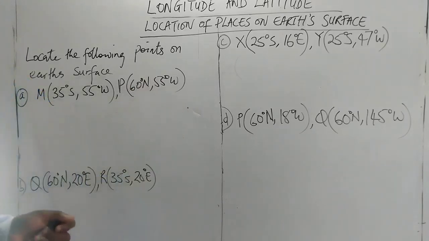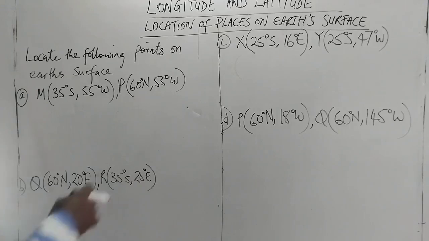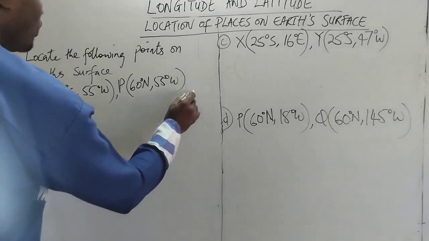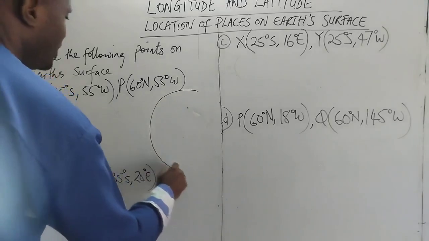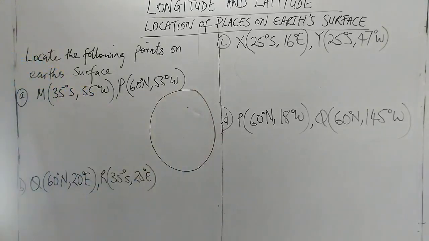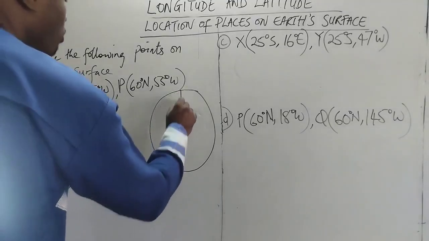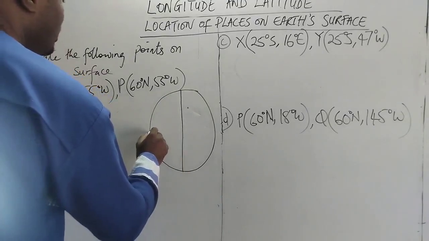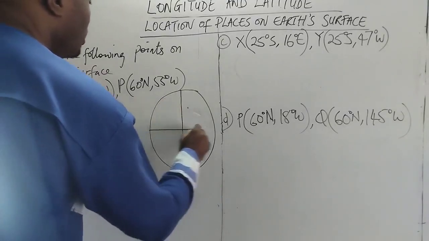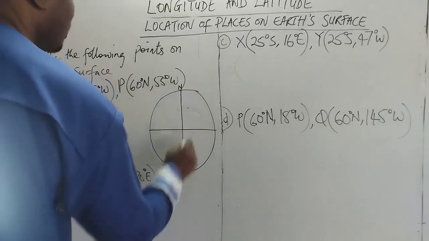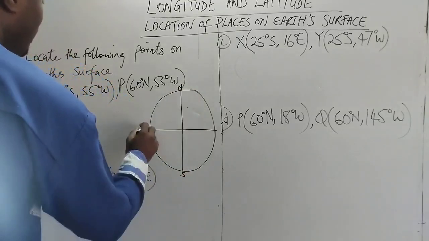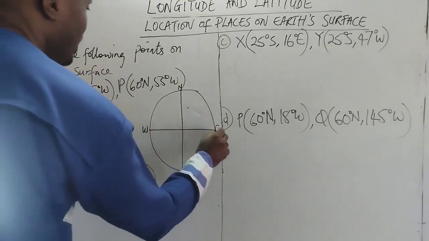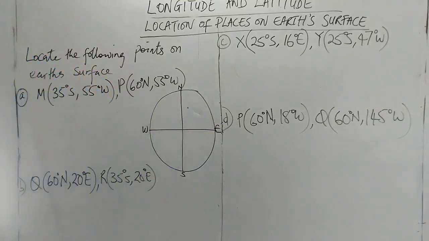Each time you draw the sketch, you are expected to have, one, the Earth's surface, then you put the poles, the north, south, west, and east. Once you have done this, you are good to go.